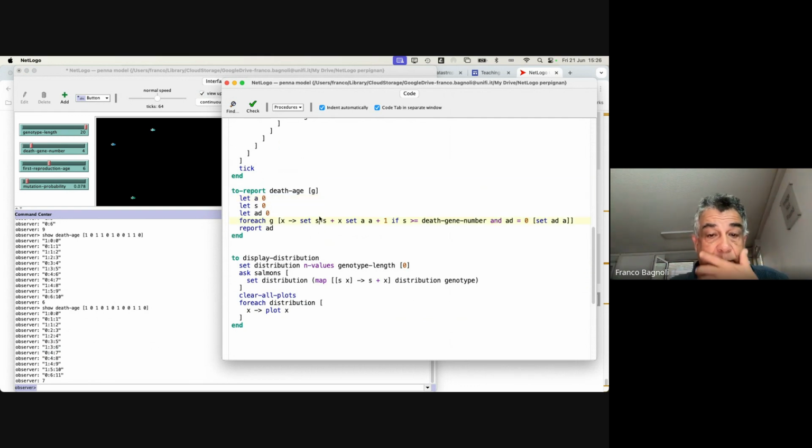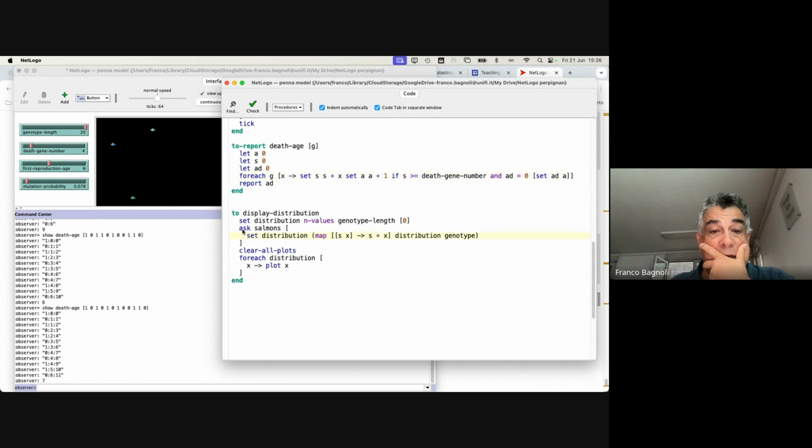And so display distribution now. We should ask salmons set this.